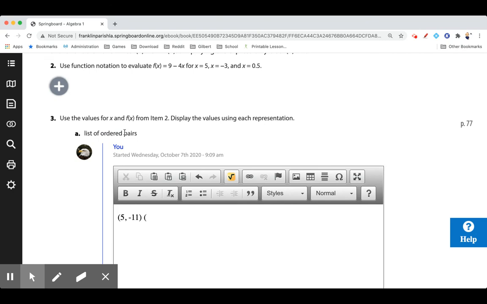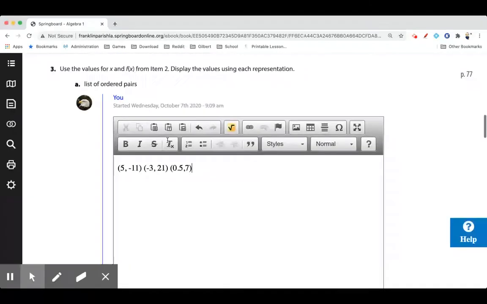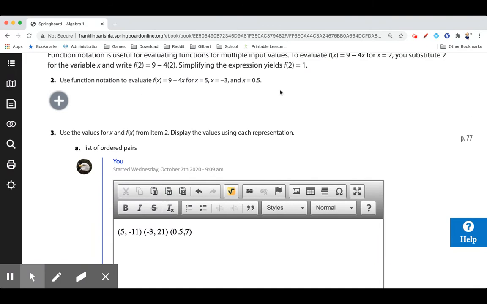I put in negative 3, I got out 21. And if I put in 0.5, I got out 7. That's a list of ordered pairs from item 2 using the values of x and when we plugged in f into the function.